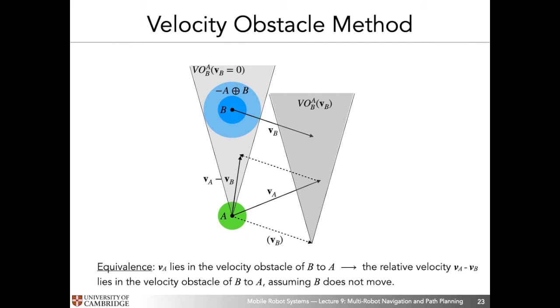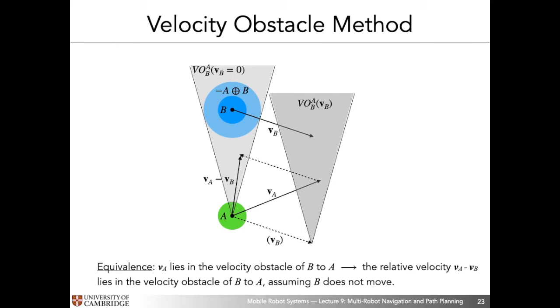And just for completeness here, I'd like to show you a simple equivalence that basically says that if V of A lies in the velocity obstacle of B to A, then the relative velocity VA minus VB lies in the velocity obstacle of B to A, assuming that B does not move. Okay, so this is a practical equivalence to be aware of.